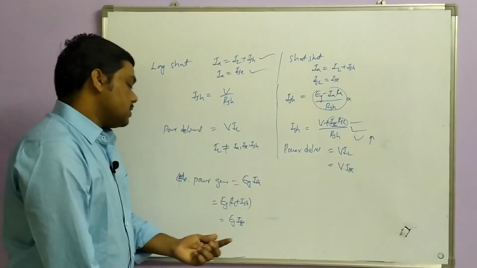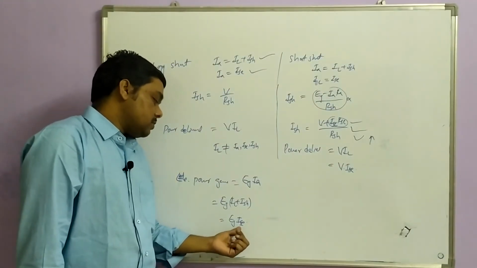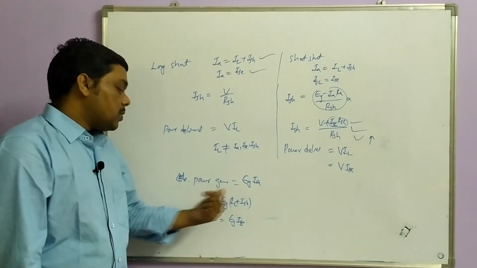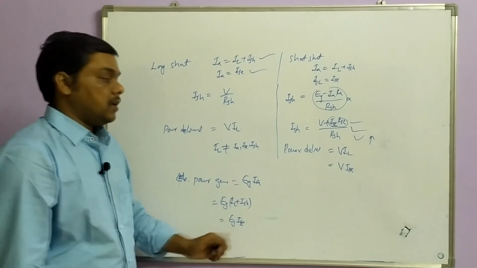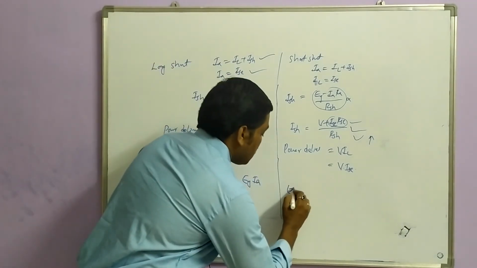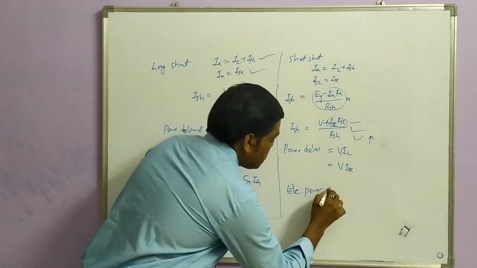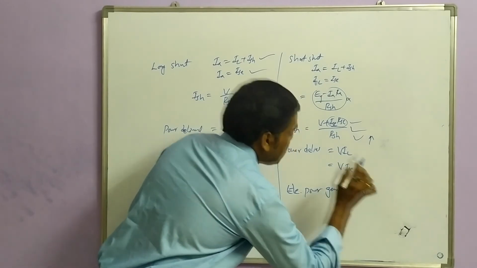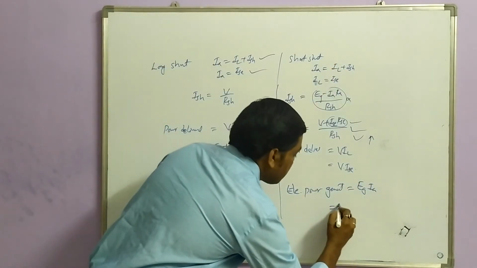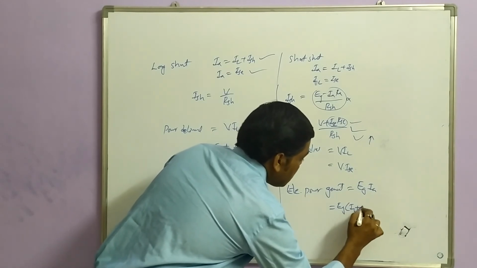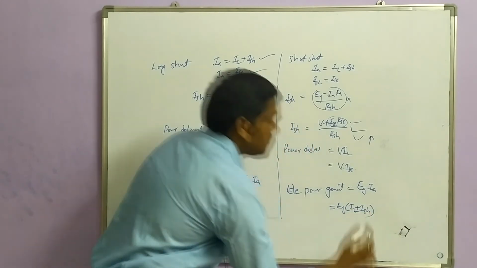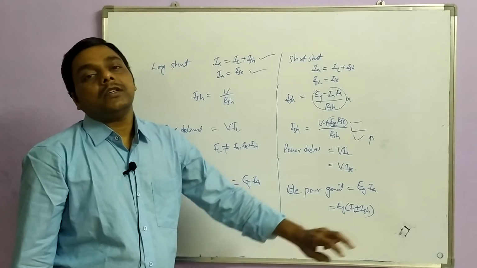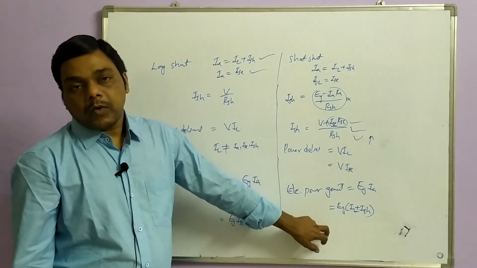Now see here, the generated EMF is multiplied by series current, then the total electrical power generation will be given here. But here the electrical power generated is equal to Eg into Ia, but Ia is IL plus ISH. Now see here, the series current is not a term in this electrical power generated, which is equivalent to mechanical.